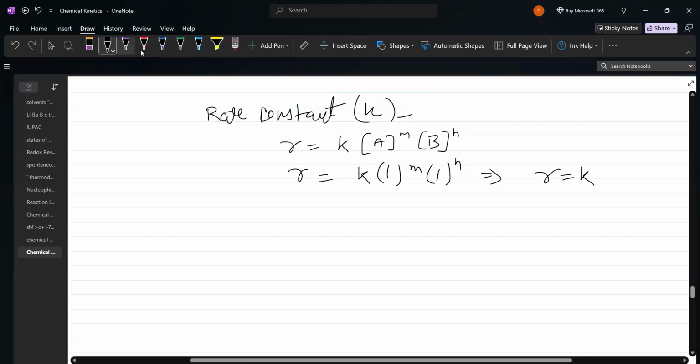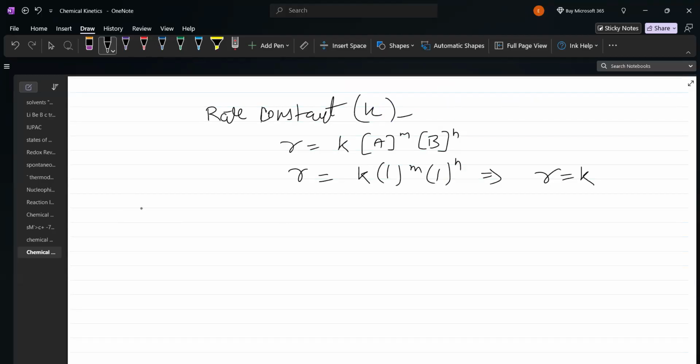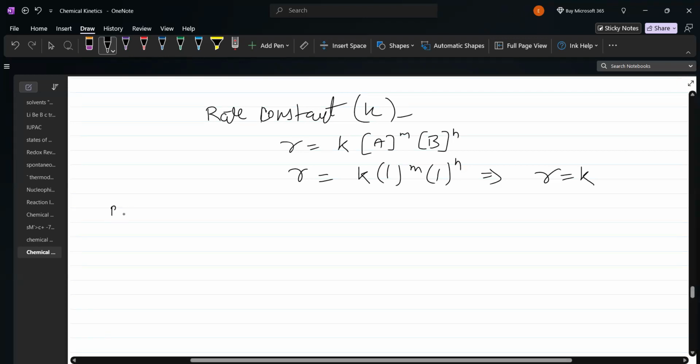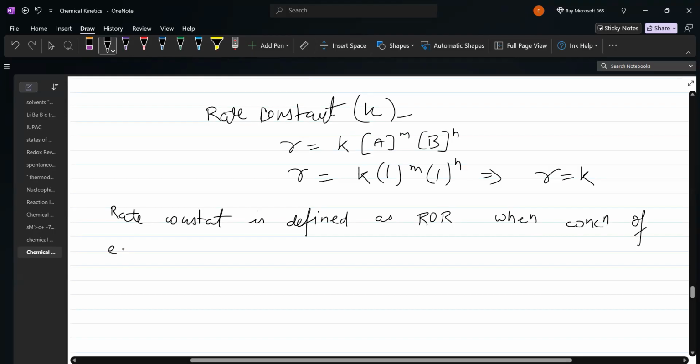Yes, sir. So the rate constant is defined as the rate of reaction when the concentration of each reactant becomes equal to 1, when the concentration of each reactant is unity.